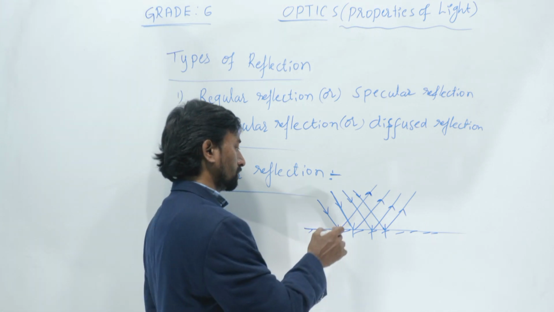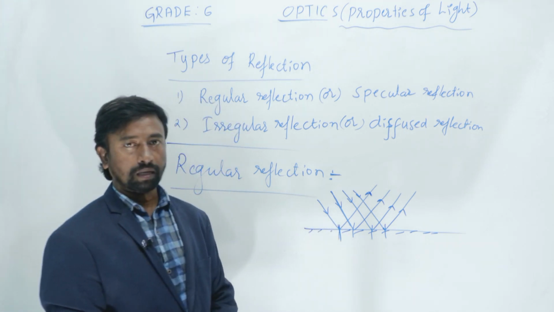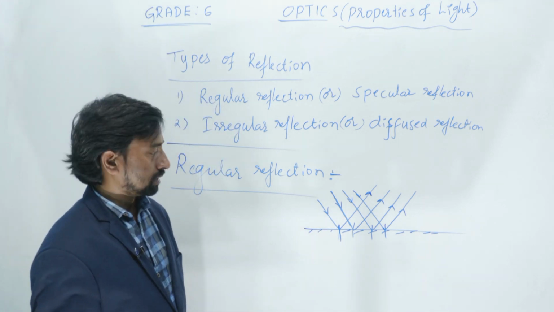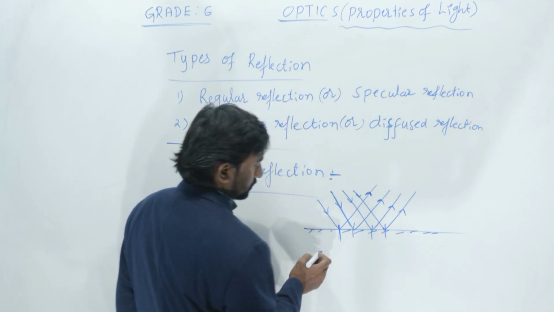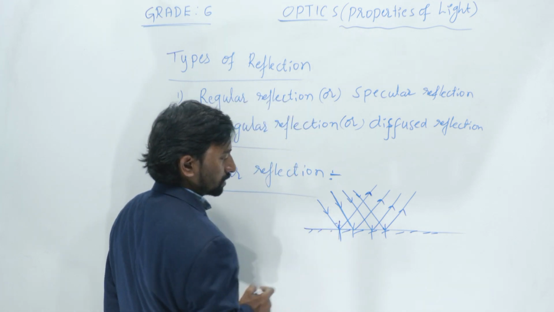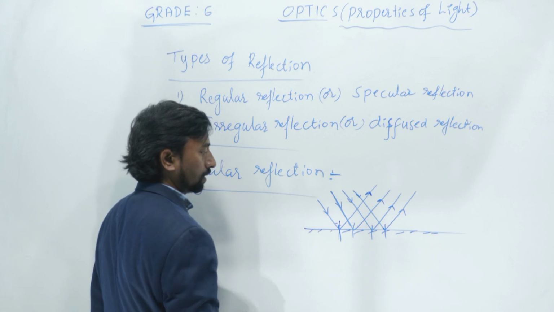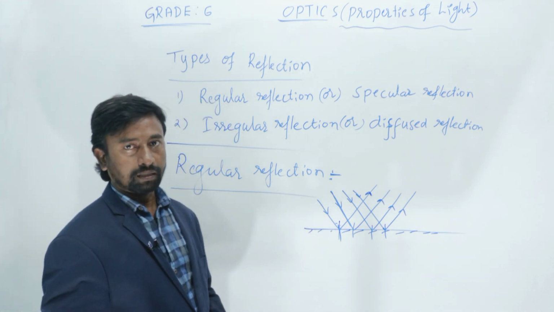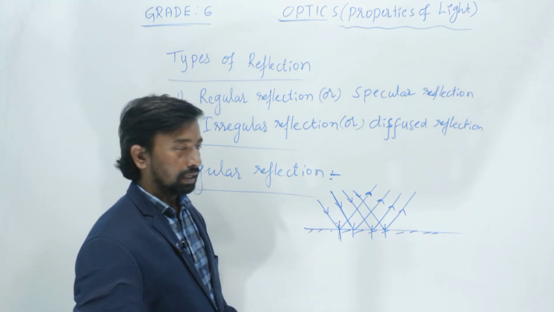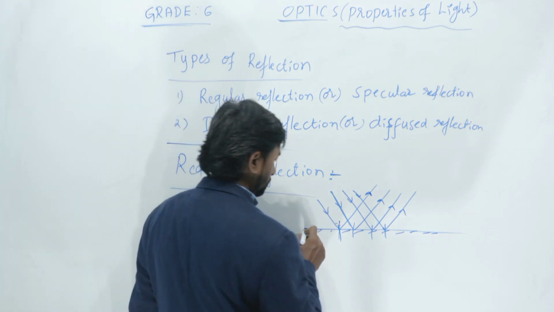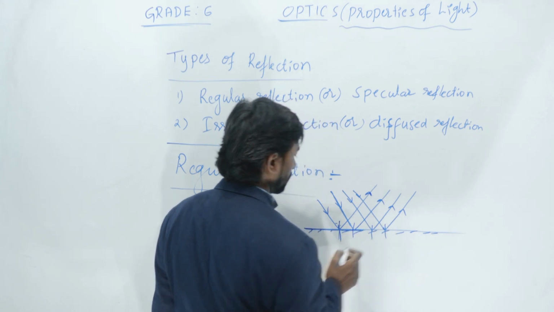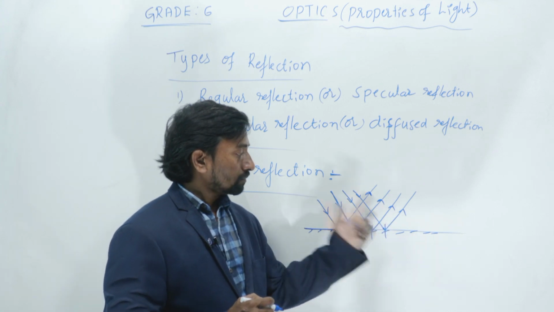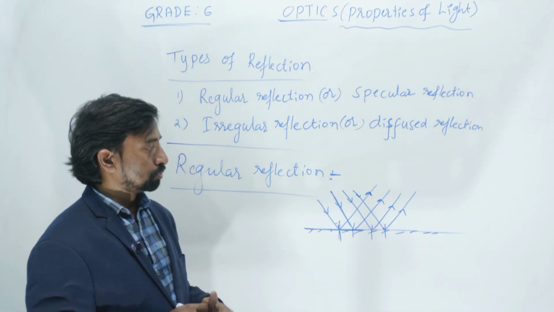In this reflection the laws of reflection are applicable. Both laws of reflection are obeyed: the angle of incidence and the angle of reflection are the same, and the normal, incident ray and reflected ray lie in the same plane. In another way, we can define regular or specular reflection as the reflection of light from a smooth surface.